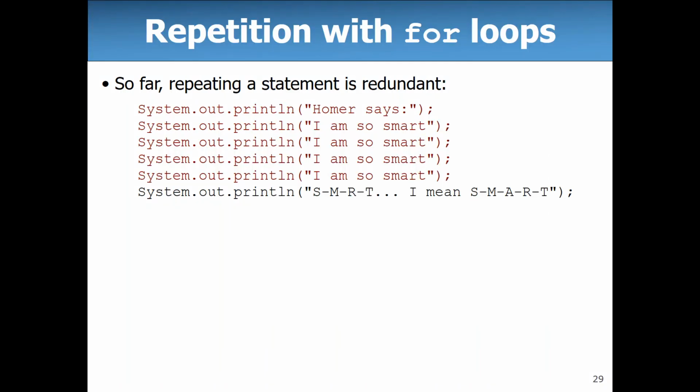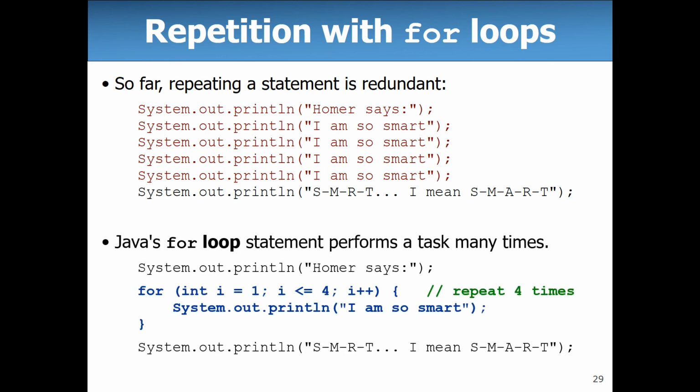So the for loop allows you to repeat statements over and over again. Here we have Homer saying, I am so smart, I am so smart, I am so smart, S-M-R-T, I mean SMART. So Java's for loop says, let's go ahead and repeat this task many, many times. Now, just take this in for a second, because it does look like a bunch of gibberish right now.